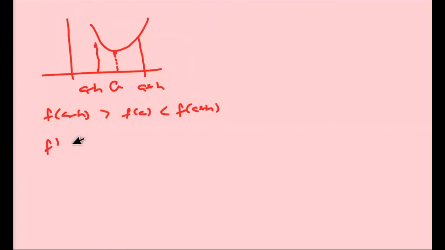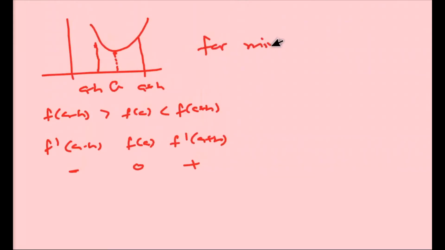Or you can say f dash (a minus h), f dash (a), f dash (a plus h) you can see negative, 0, positive, okay, for minimum point, right?